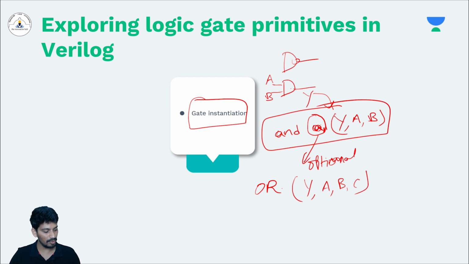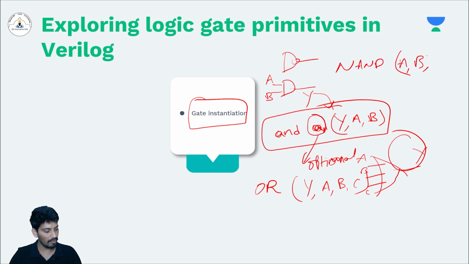So what does this do? It will generate a 3-input OR gate like this, where Y is the output and A, B, C are inputs. Verilog doesn't know that Y is the name of the output. If one defines something like NAND of A, B, Y, what does this mean? Always the first one will be the output in Verilog.